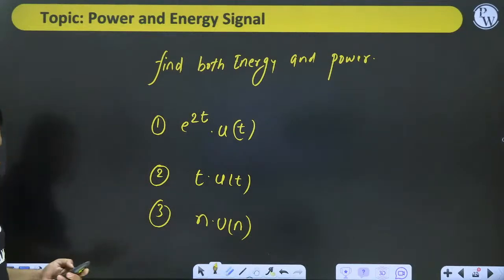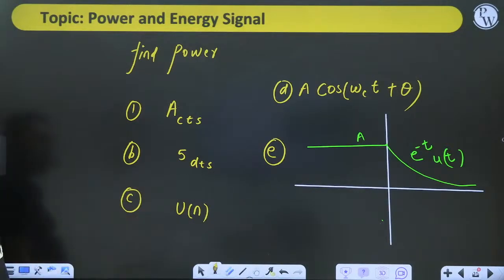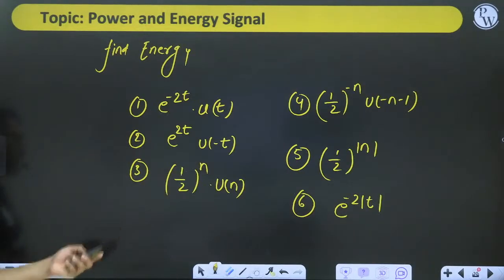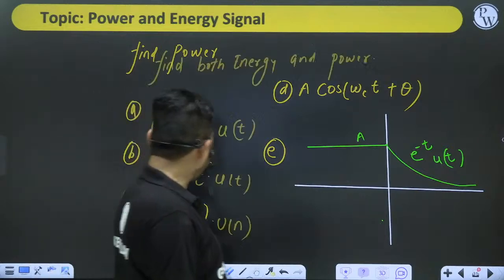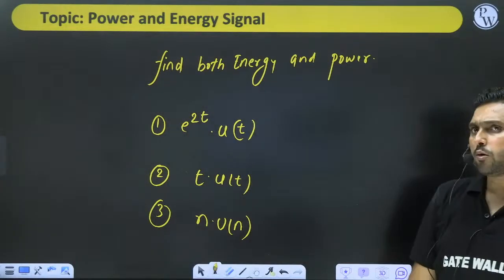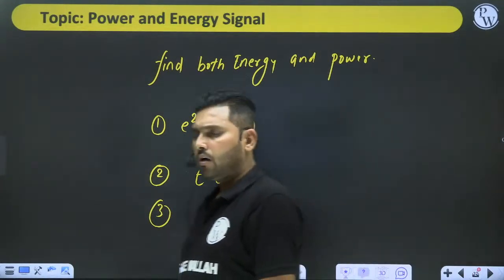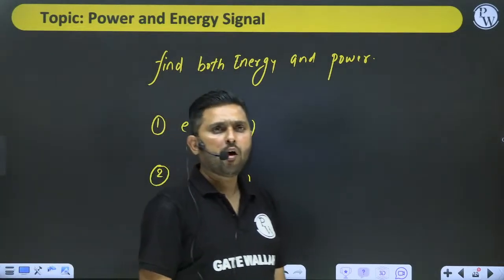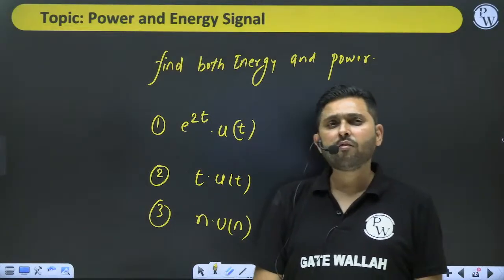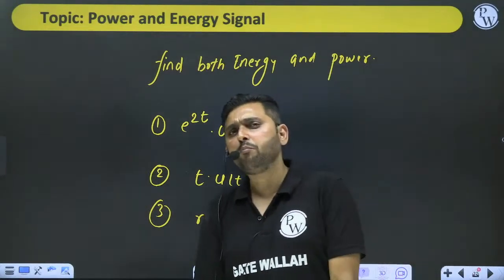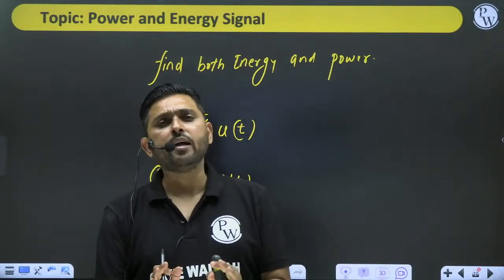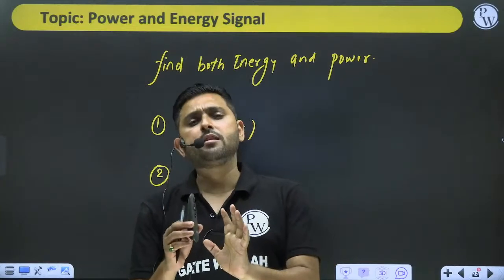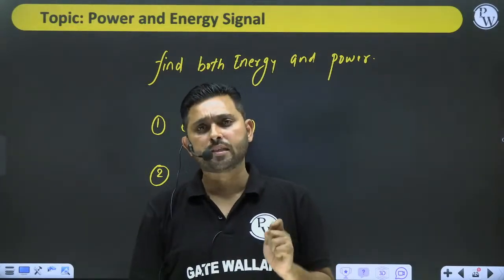So these are, let's say, 5 examples. This is A, 5 examples, here 6 examples, and here 3 examples. So in total I have given you 14 questions in energy and power. Tomorrow we will solve all these questions and we will derive a very important conclusion regarding energy and power, so that by just looking at the signals you can tell whether this is energy or this is power.